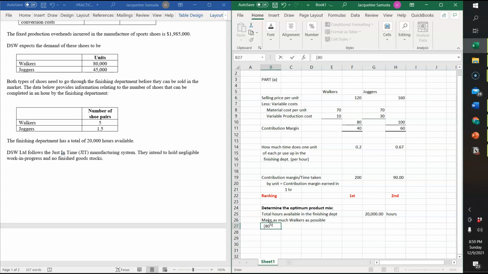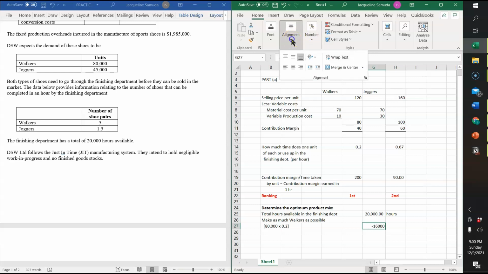So that would be 80,000 multiplied by the 0.2 hours to make one. Let's see how many hours that consumes. We're going to subtract 80,000 times 0.2. So it uses up 16,000 hours out of the 20,000.